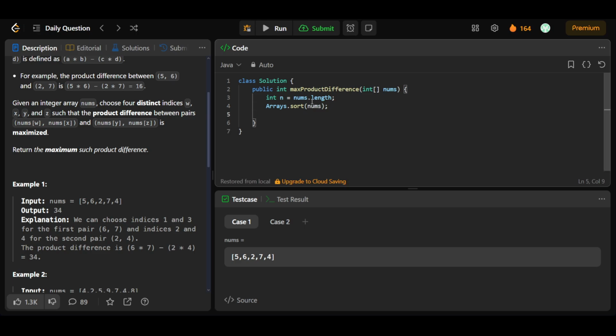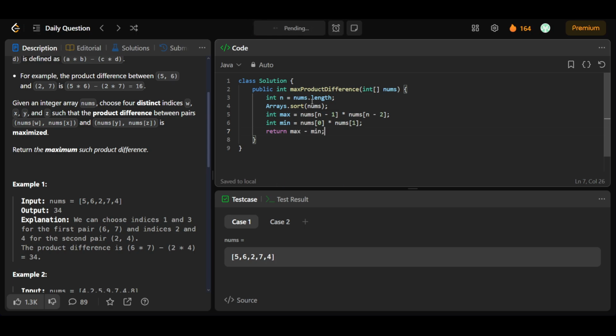Then let's say the maximum product will be equal to nums[n-1] times nums[n-2], and similarly the minimum will be equal to nums[0] times nums[1]. At the end, we'll just return max minus min.